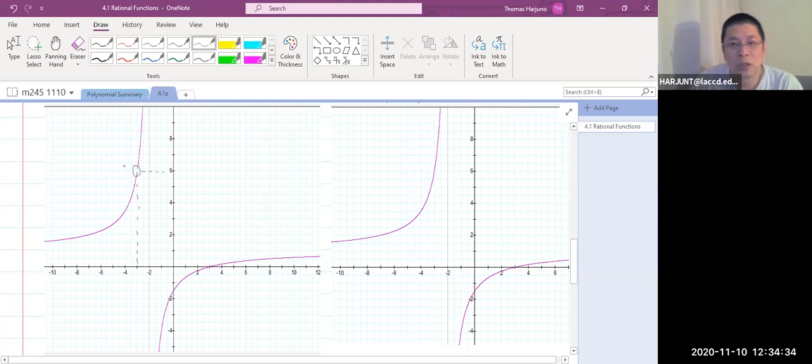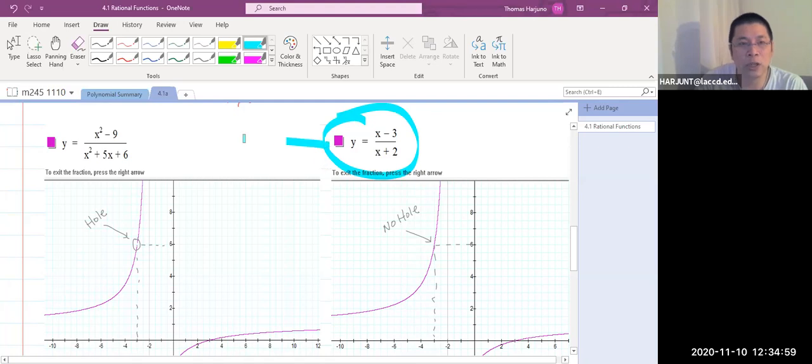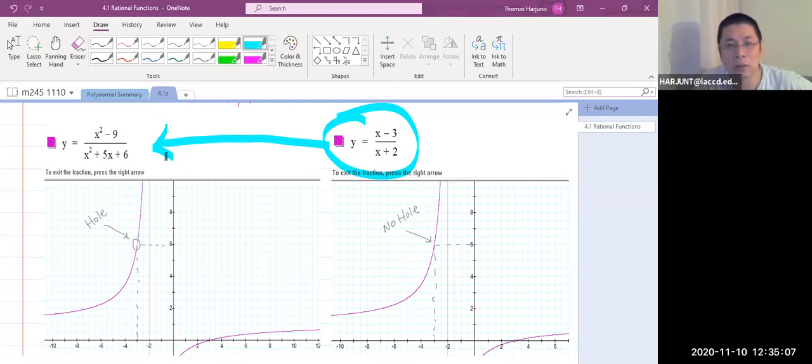Now at this graph here, at x equals -3, y equals 6, it is well defined, no hole. But we have a hole here. So in the future, we'll graph this first and then do the adjustment to get that graph.